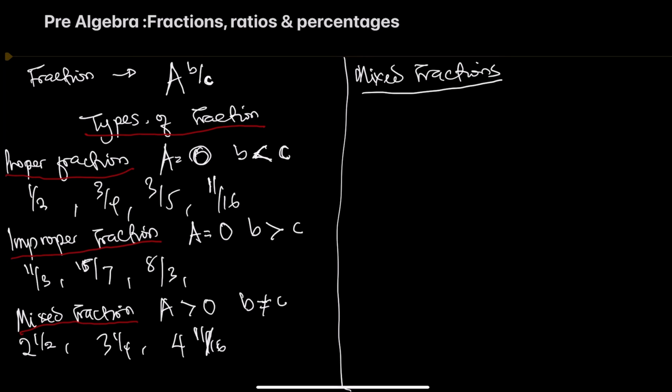In the case of a mixed fraction, the real life scenario is when you have maybe 3 pies, and you say, okay, I would like to give John 2 of the pies. But maybe 2 is not enough for him.